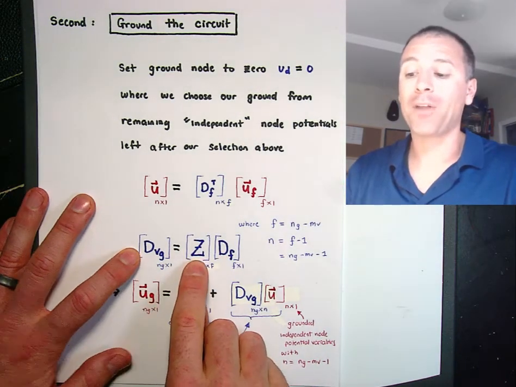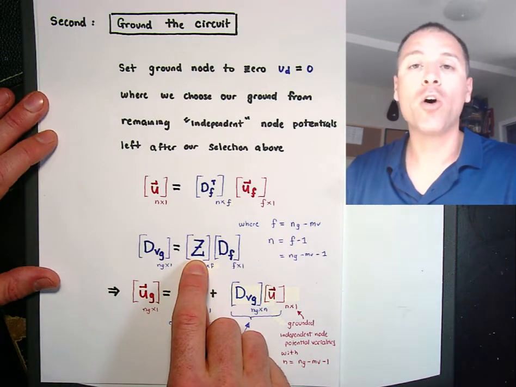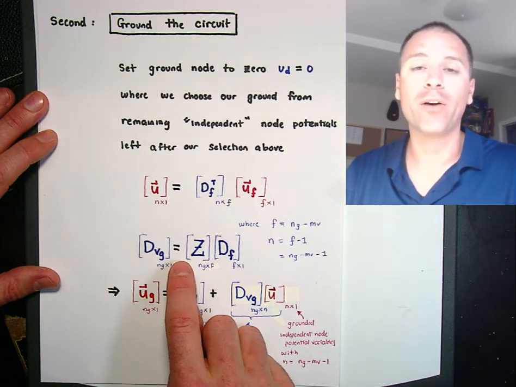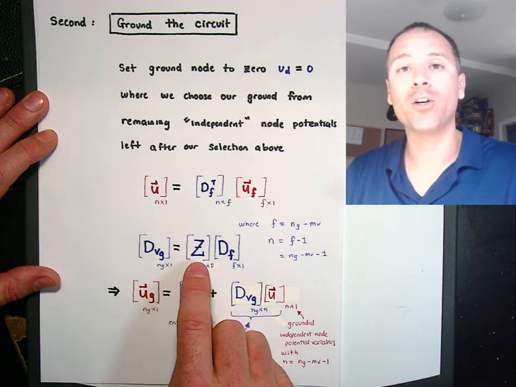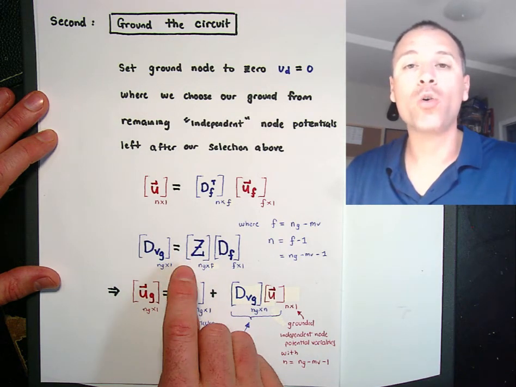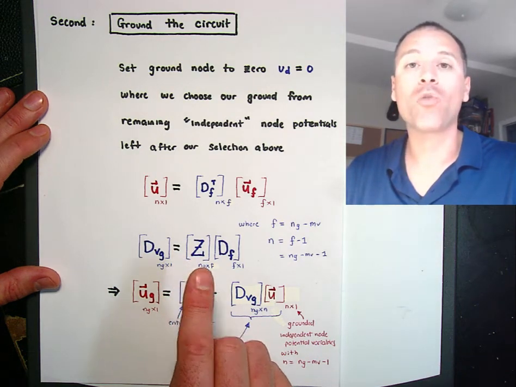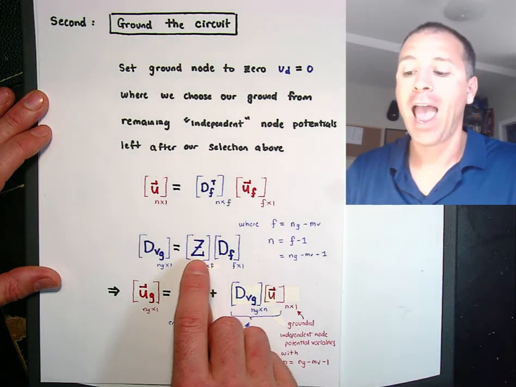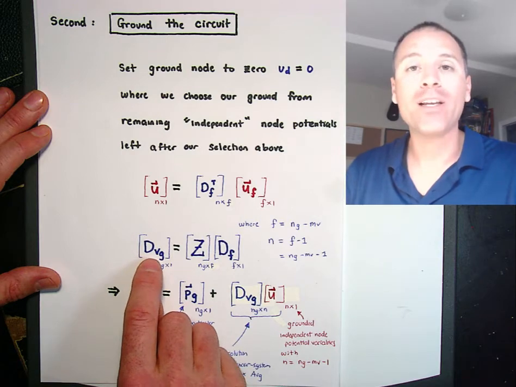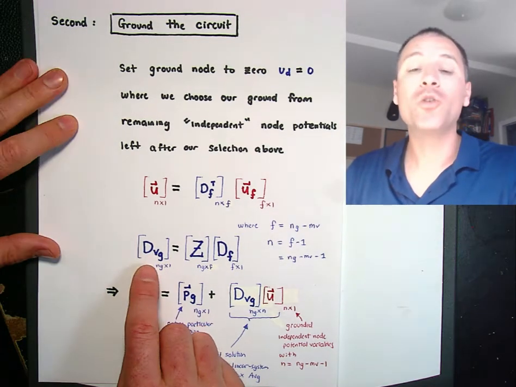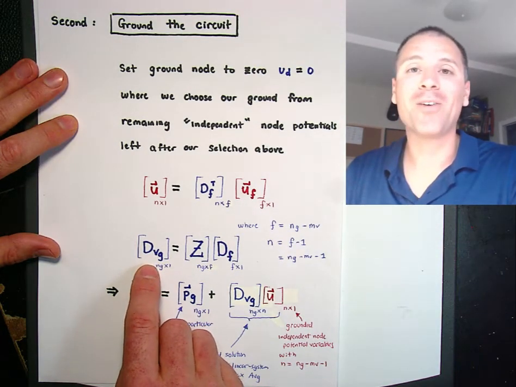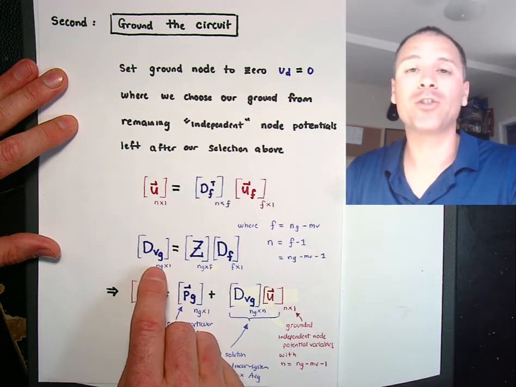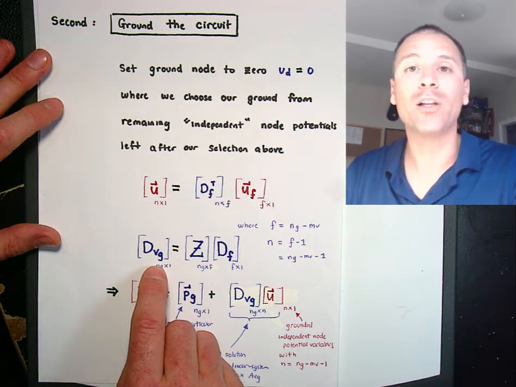If we wanted to look at the columns of the matrix Z, those columns correspond to either ordinary nodes or generalized nodes. Whichever node we choose as the ground node, we can delete the corresponding column of Z and form the grounded deactivation matrix whose columns correspond to the non-ground independent node voltage potentials that we've chosen after those two elimination steps.